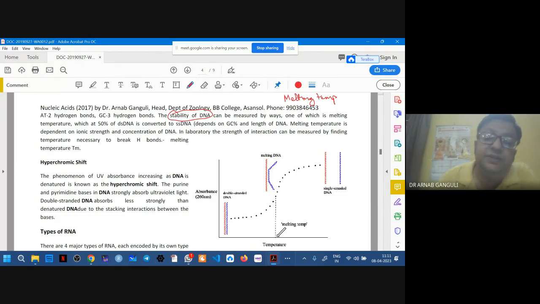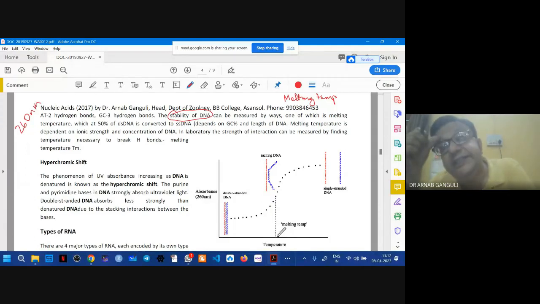So we know that nucleic acids absorb at a maximum of 260 nanometers in a spectrophotometer. It will absorb more of this UV rays. The more absorption, the more concentrated the DNA; the less absorption, the less concentrated the DNA.